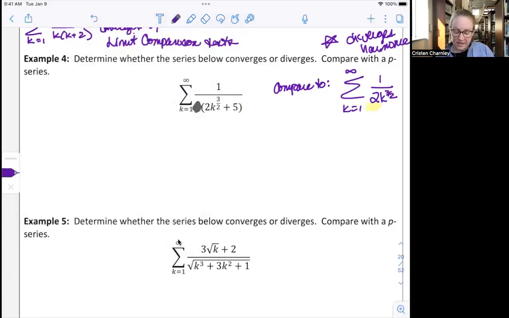So if we come back to this, we now have a P series where P is equal to 3 over 2. Because P is greater than 1, we know that this series will converge. Okay, so now we have to compare. Is it possible to use a direct comparison?